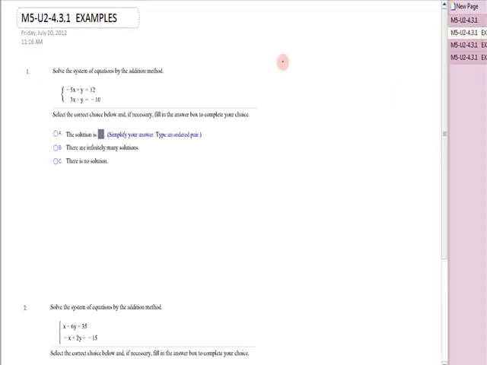Now the first system that we have is negative 5x plus y is equal to 12, and 3x minus y is equal to negative 10. If we want to use the addition method, we want x's to line up, y's to line up, equal signs to line up, and constants to line up.